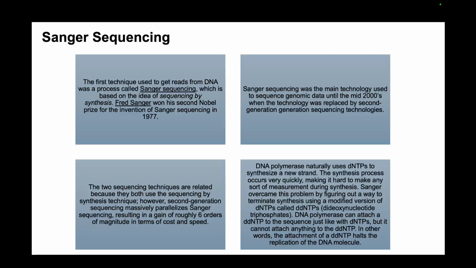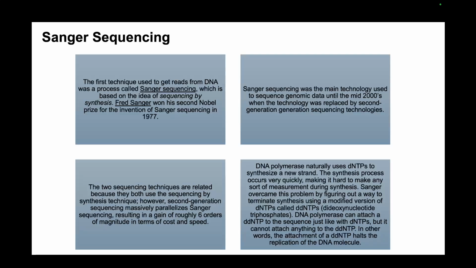So the basic principle behind this technology is that DNA polymerase will naturally use dNTPs to synthesize a new strand. If the synthesis process occurs very quickly, it becomes very hard to make any sort of measurements during the synthesis.